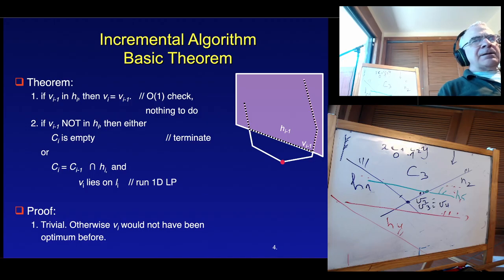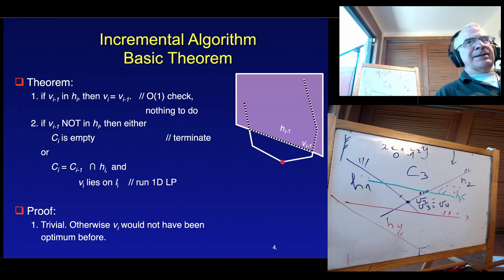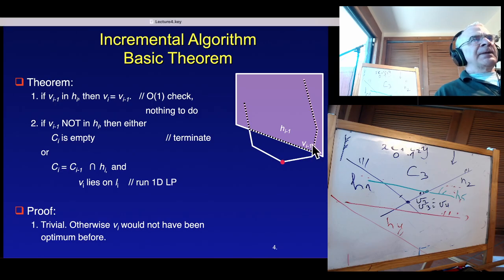Okay, and this is a very simple, very easy theorem, but it also translates almost word by word into an algorithm. So assuming that we are at the ith step of the algorithm, here is the solution vi minus 1. That is, I know what was the optimum solution of all the half planes that I inserted so far. Remember, the other half planes create a polygon.